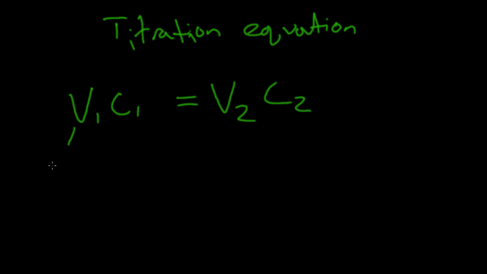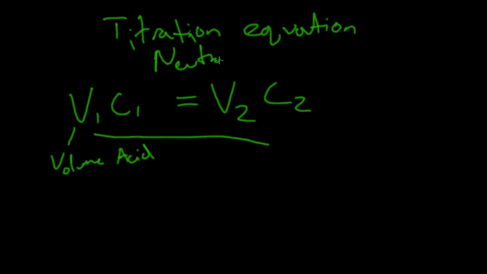Now, what do they stand for? V1 is the volume of the first thing, so either the acid or the base. Just to be absolutely clear, we're talking about titration. We're reacting a certain amount of a certain concentration of acid against a certain amount, a certain concentration of base, and when they're neutral, this is when they're neutral.